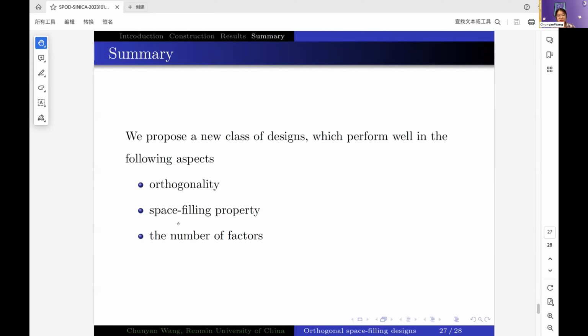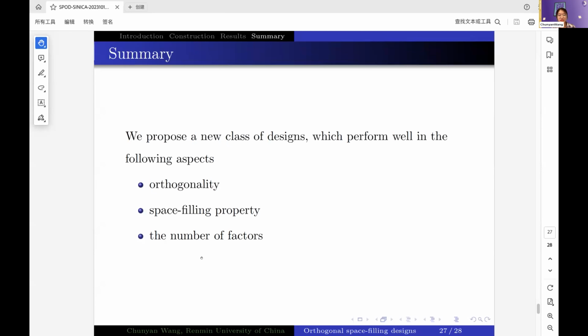The first one is that the designs are orthogonal. That means every 2 columns have correlation 0. And they are space-filling. That means they have very good stratification properties.